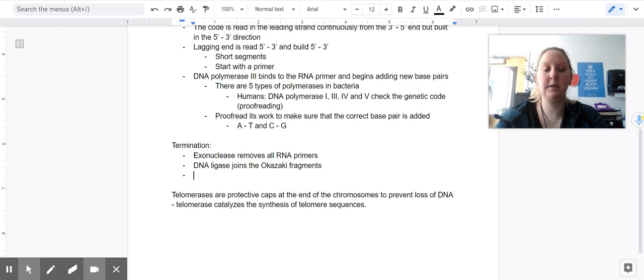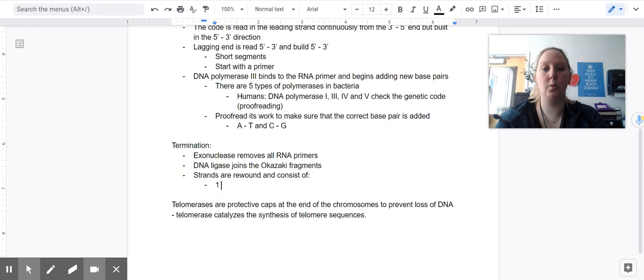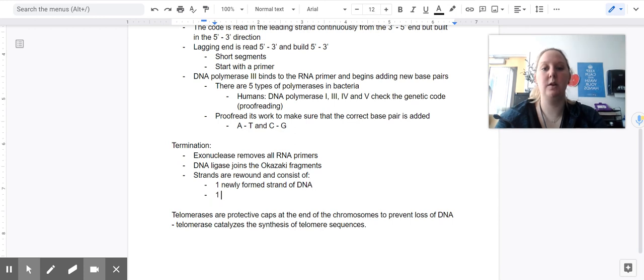Here, our strands are rewound and consist of one newly formed strand of DNA and one existing strand of DNA.